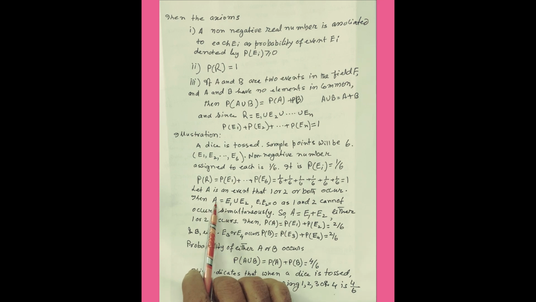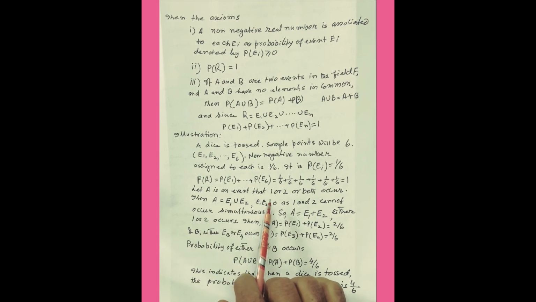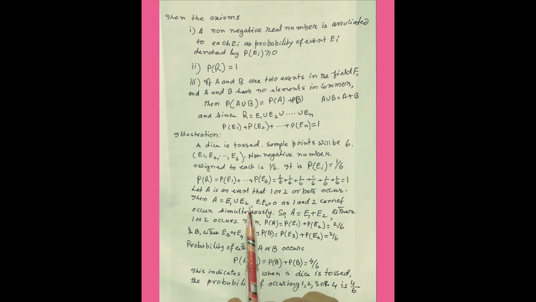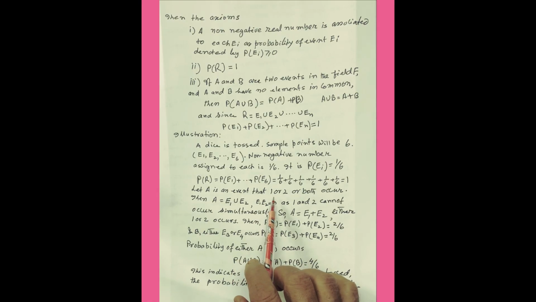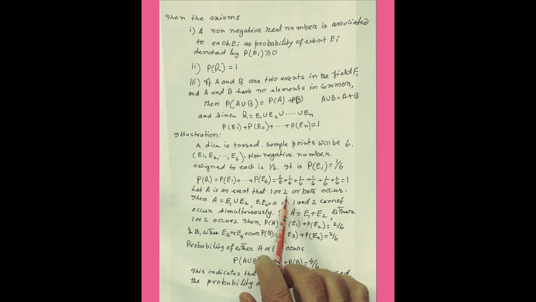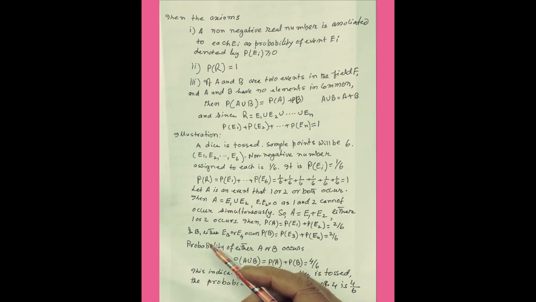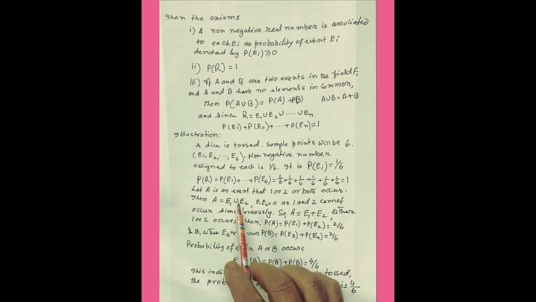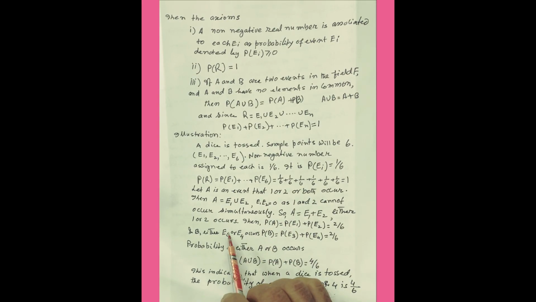Let A be an event that 1 or 2 or both occur. Suppose A is an event that 1 or 2 occurs. When the dice is tossed, 1 may occur or 2 may occur, or both will occur.